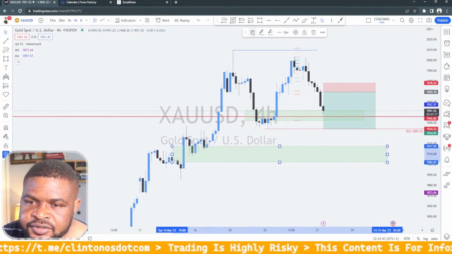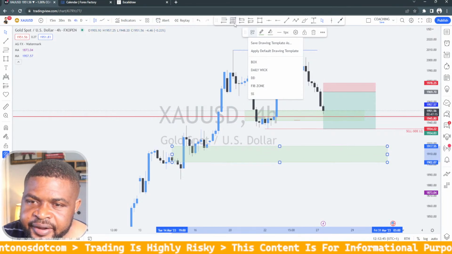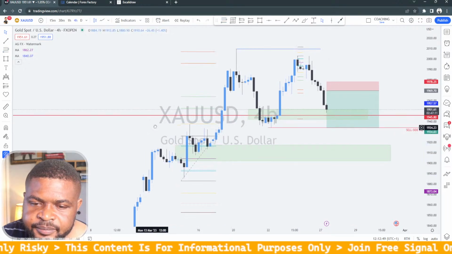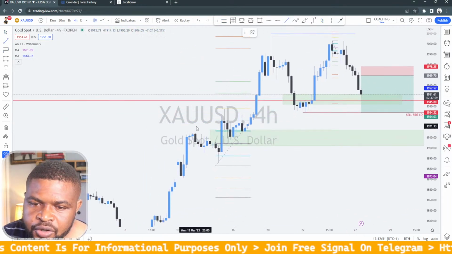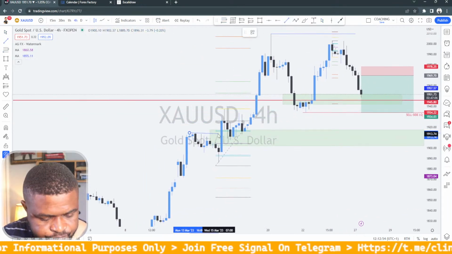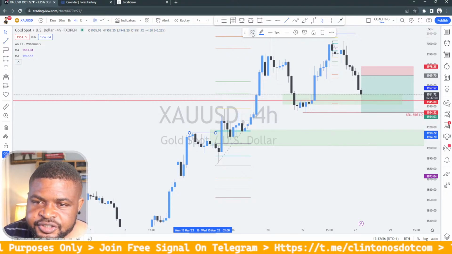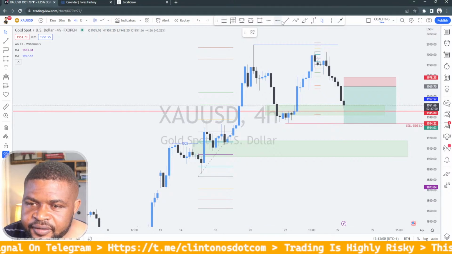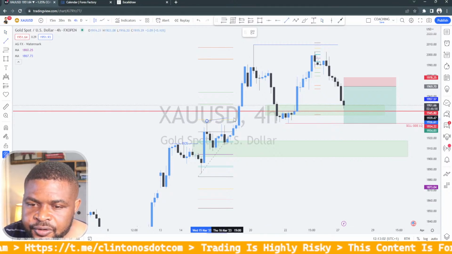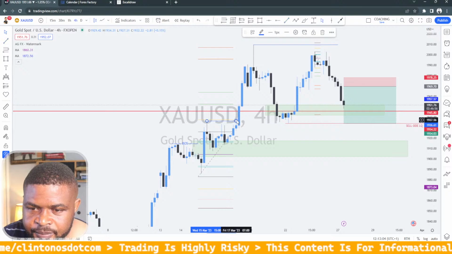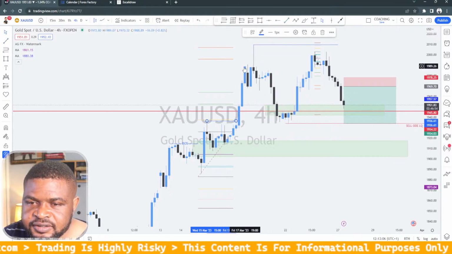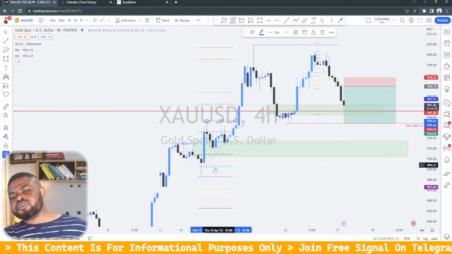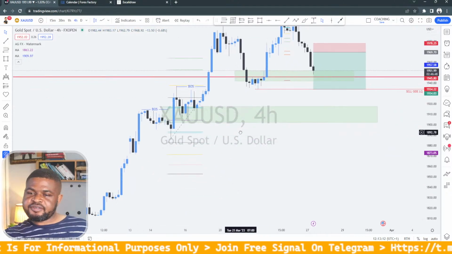Why? Because the swing here broke structure, multiple times, not just one. We have one right there. So that origin did something very unique. Broke there, continued, broke this top. So we have multiple breaks of structure from this swing right there.